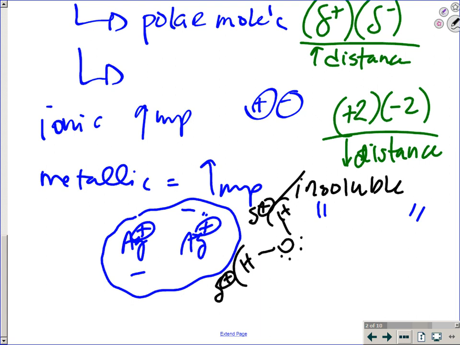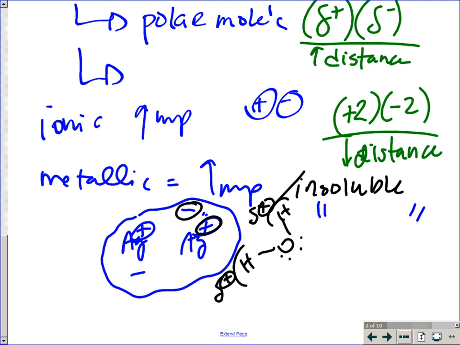Do you think a partial positive can pull apart this and this? Good to know, right? Our cars do not melt in the rain. They're not going to dissolve in the rain. So the partial positive cannot compete with a full positive for this attraction. Not very well anyway. If you have a lot of water molecules, eventually you could eat it away, but it would be oxidation or something happening instead.